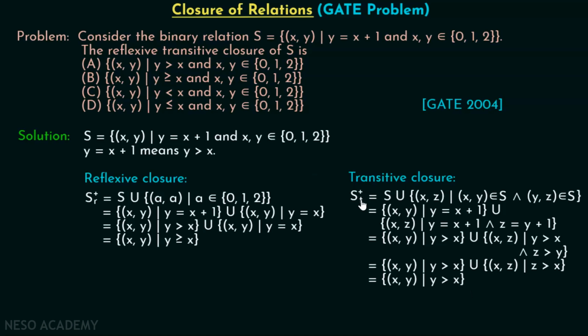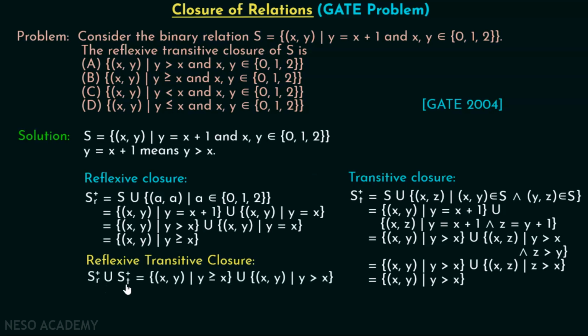So this is the transitive closure of relation S, that is the set of all ordered pairs x comma y such that y greater than x. Now what is the reflexive transitive closure of this relation S? This is nothing but the union of the reflexive closure and the transitive closure of relation S, that is S^R union S^T plus.